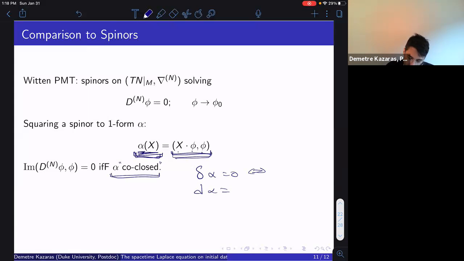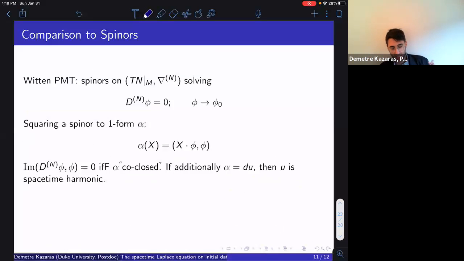This is the same as D of star alpha equals 0. This is closed, and this is co-closed. Different conditions. Okay, so if you do this construction with the spinor, and the spinor is Dirac harmonic, then alpha will be co-closed in a sense.